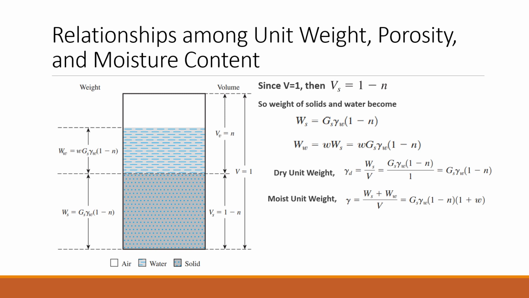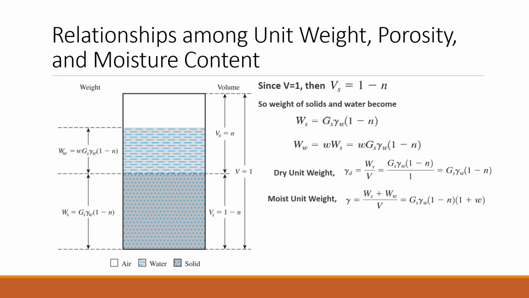So same thing with the moist unit weight, which is, we know, equal to the total weight of the soil, which is equal to the weight of solids plus the weight of water over the total volume.